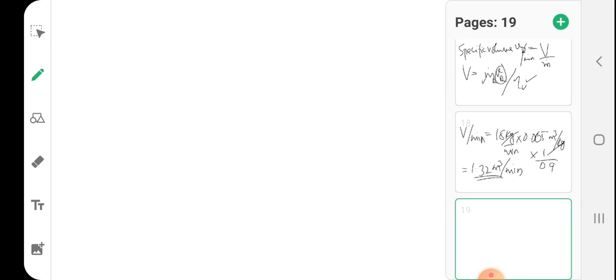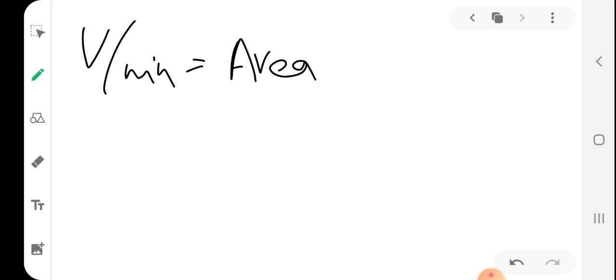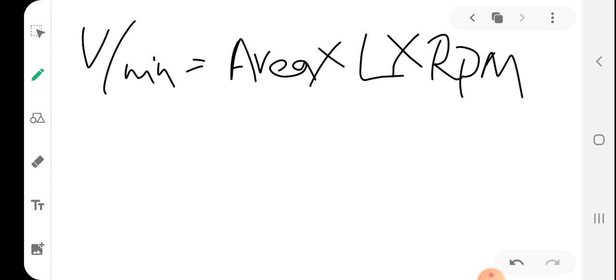And now we have to find the dia and length, right? How to find dia and length? So suction volume per minute will be actually equal to piston area or cross sectional area into stroke or length into rpm.